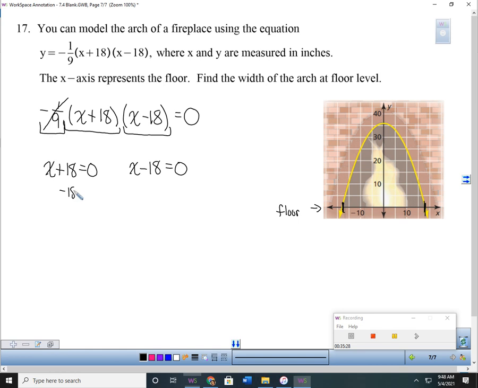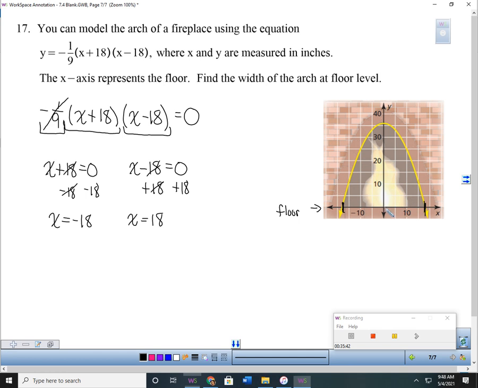So I subtract the 18, so I get x equals negative 18, and then I also get x equals positive 18. And what did I tell you these two numbers represent? Your distance from the origin, from the center.